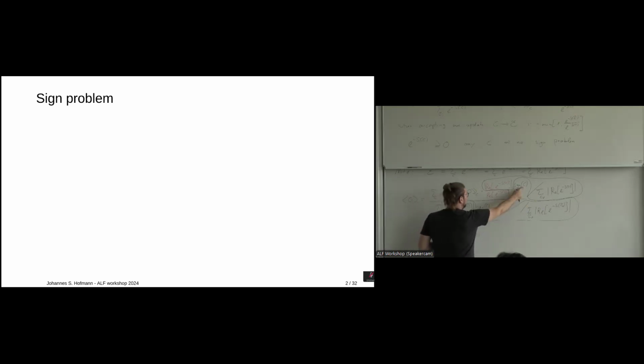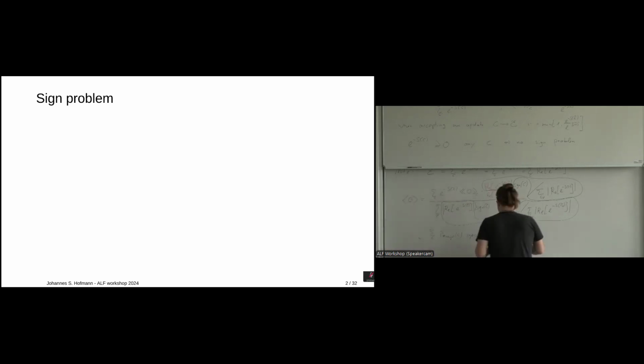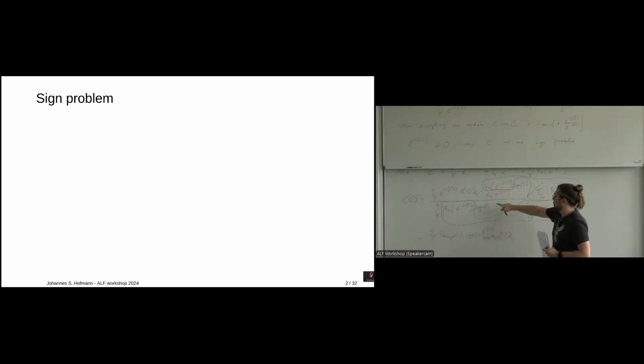This is this factor. Then I have e to the minus S0 divided by the real part of e to the minus S0. And then I finally have the expectation value that we already started with here.